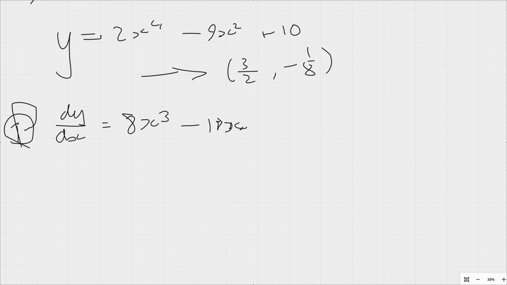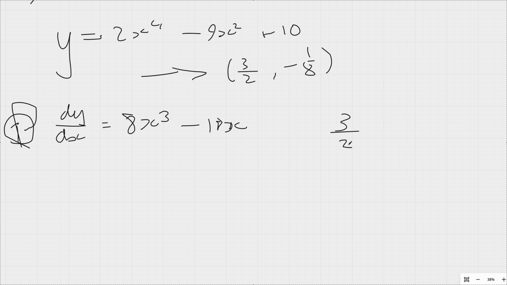Then we know that at the stationary point the gradient is 0. All we need to do is put in values that are just to the left and just to the right of 3 over 2. So 3 over 2 is obviously 1.5. So all you need to do is sub in an x value close to each side of the stationary point.